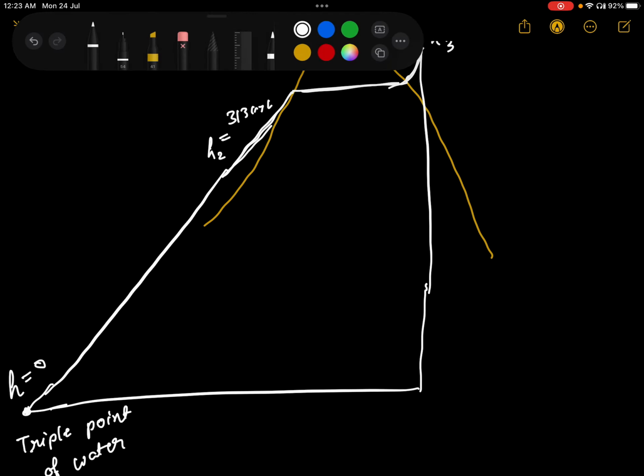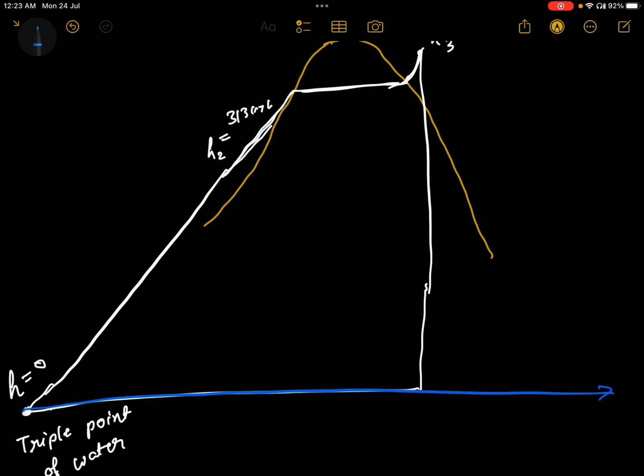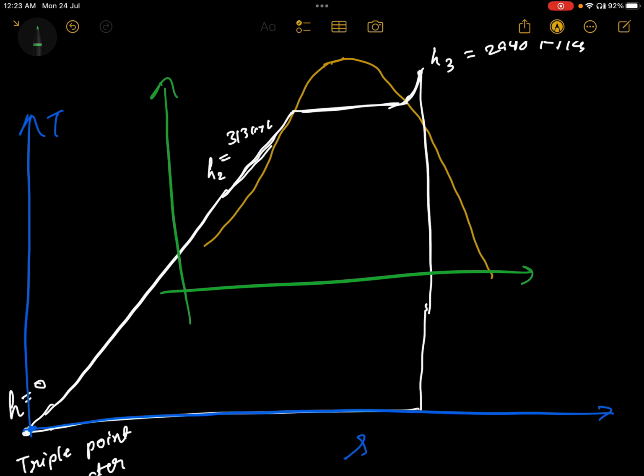So we can also show that this is our TS diagram where the enthalpy is zero at the origin. But we usually draw this TS diagram from here for our convenience, because otherwise it will be very far away from the origin. That's why we usually take the TS axis here only.